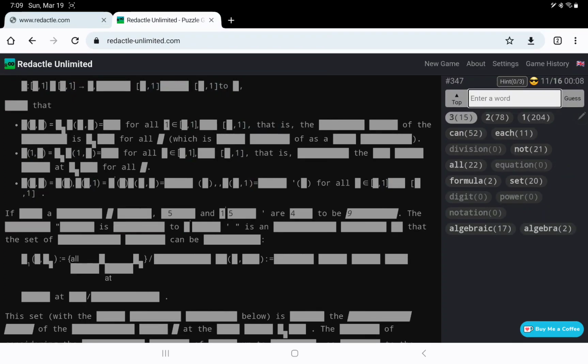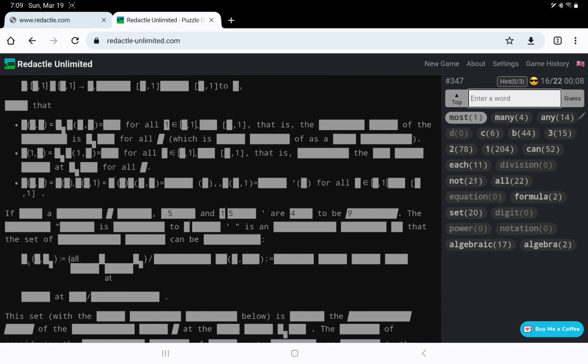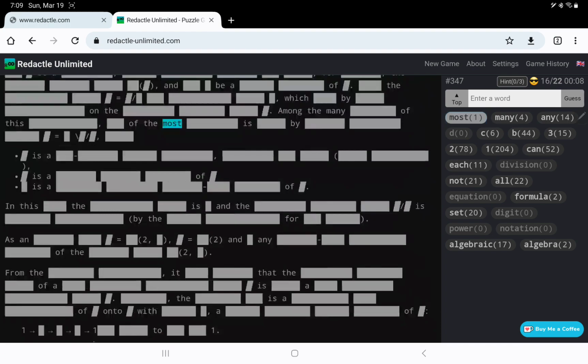That can be useful. Then let's maybe try some letters. B and C occur a lot. All, let's try any, many, most. Let's take a look at some of these words.